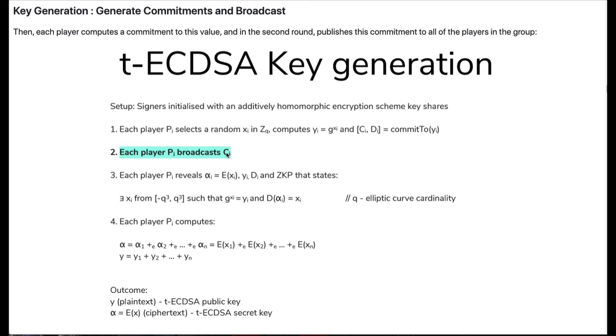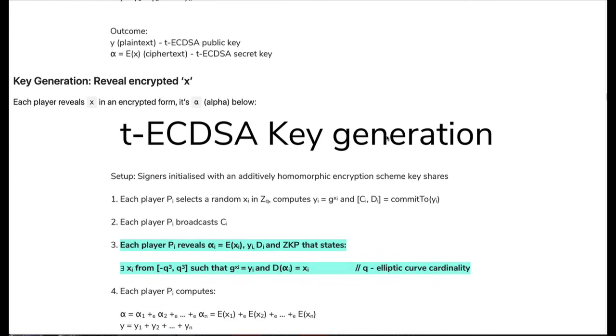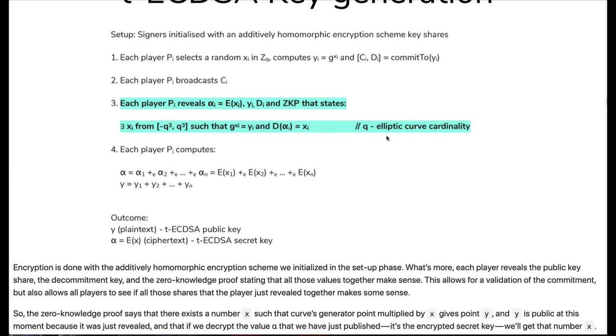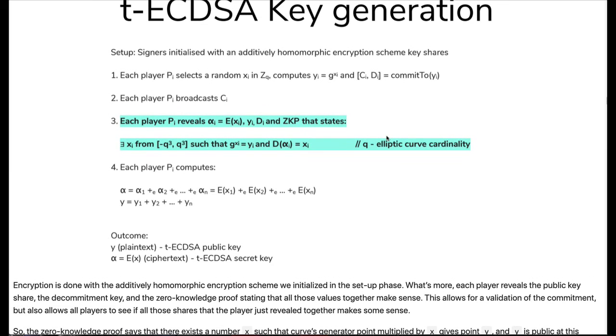Now, each player can reveal their piece of this, but only the public portion. Okay? So each player wants to take their public portion and reveal it. It's going to be needed for validation and the commitment.